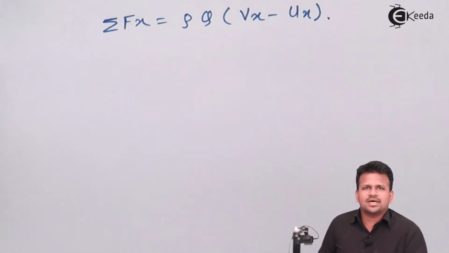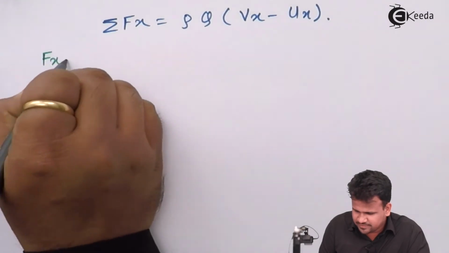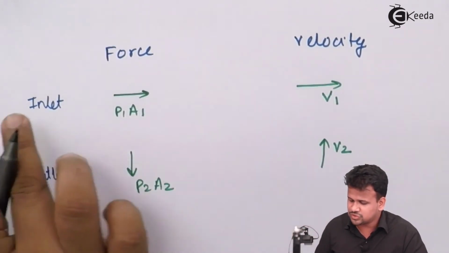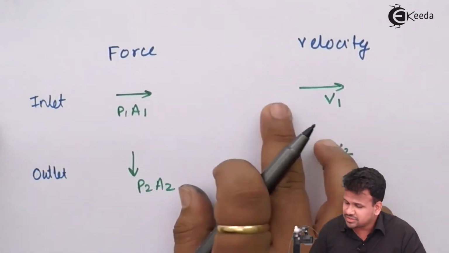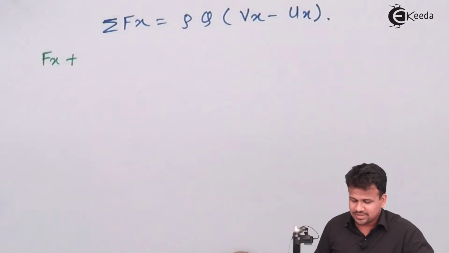So now let us apply the equation along x direction. This is Fx plus, there is only one force which is acting along x direction, that is P1 A1, going towards right, and the velocity which is along horizontal direction, that is V1. So now let us write this part.